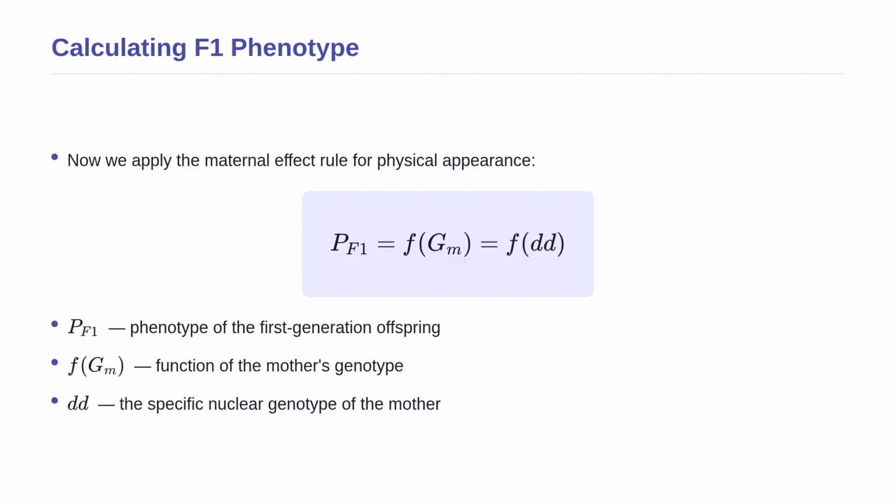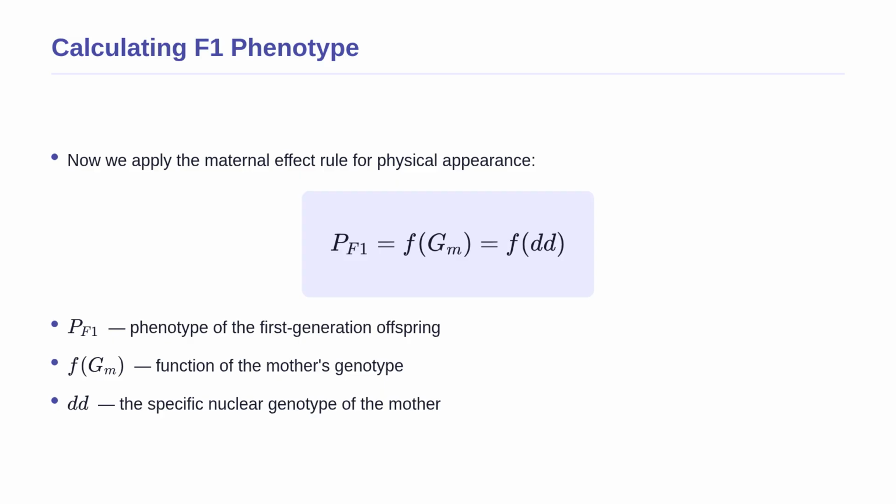Since we know the offspring's genotype does not control its shell shape, we must use our maternal effect formula to find the phenotype. The formula is PF1 equals f of GM, which equals f of lowercase dd. This formula comes directly from our core rule that the mother's genes dictate the outcome.